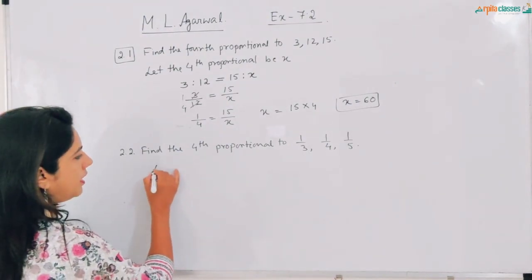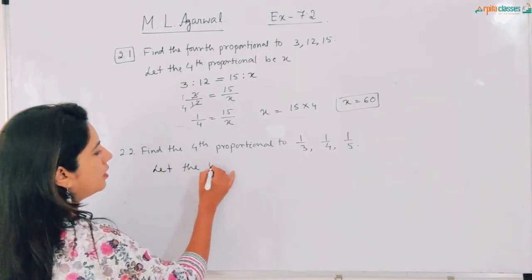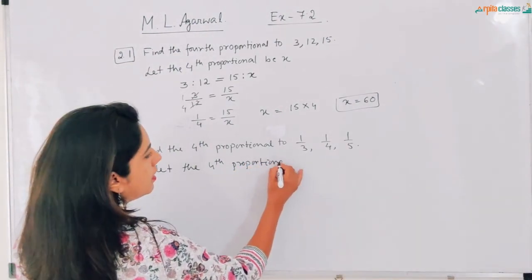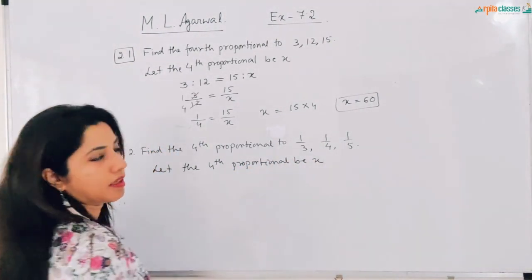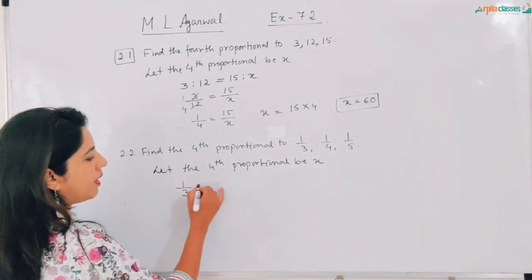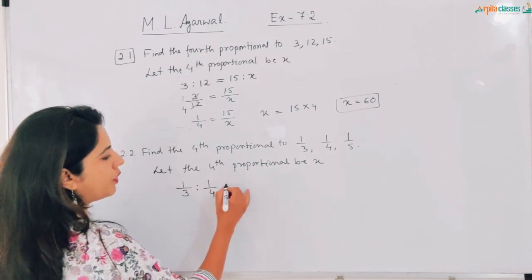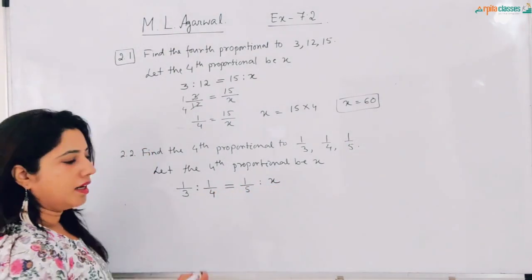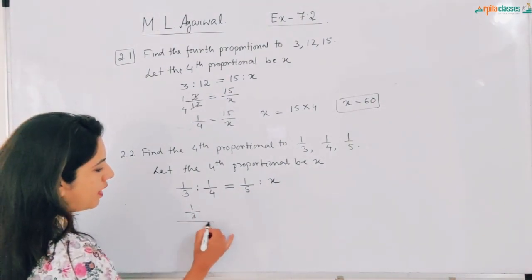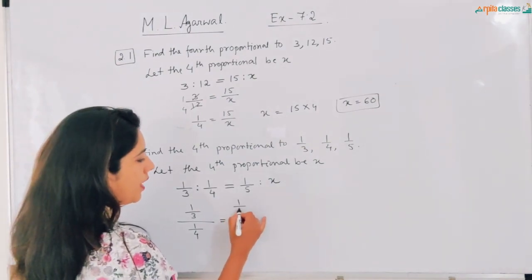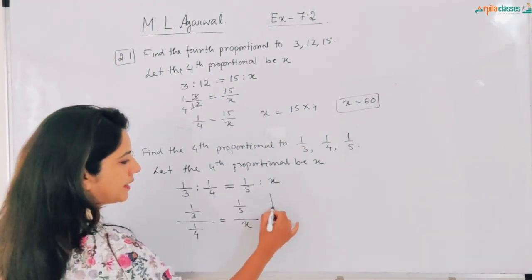So the fourth proportional to these numbers is 60. Next question, similarly, let the fourth proportional be x. So we write it this way, 1 by 3 is to 1 by 4 is equal to 1 by 5 is to x. Now 1 by 3 is to 1 by 4 is 1 by 3 upon 1 by 4 is equal to 1 by 5 upon x.